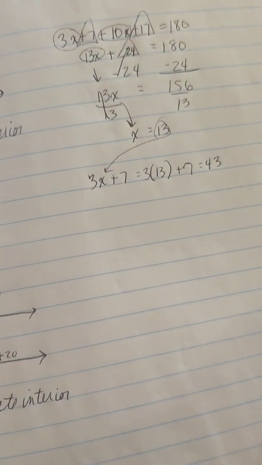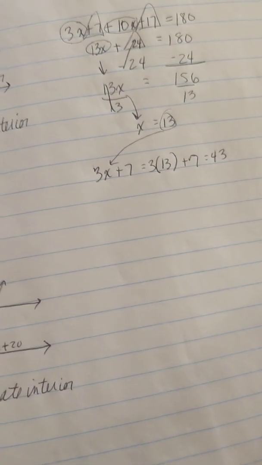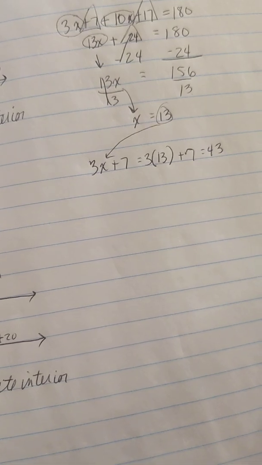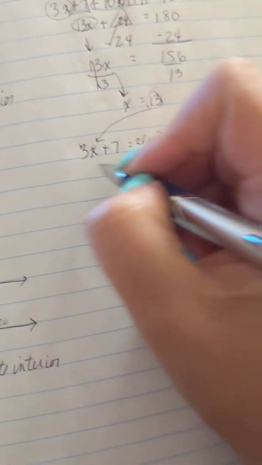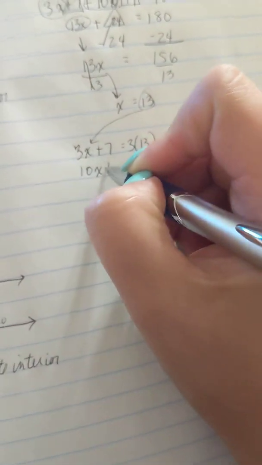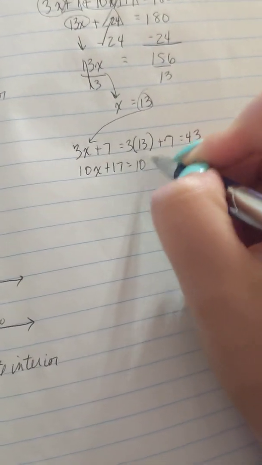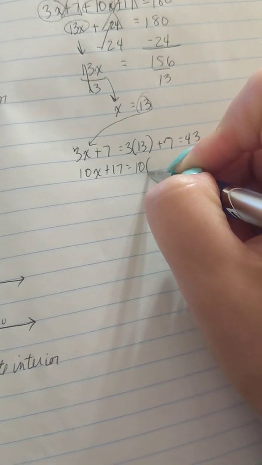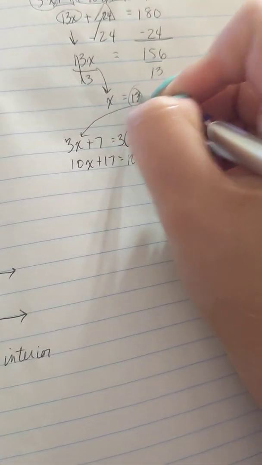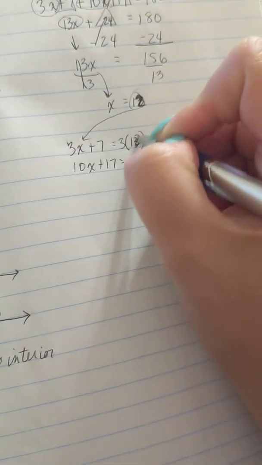Now there's two different ways you can figure out the other angle. The first is you can do the same steps that I just did. You can take your 10x plus 17 and do your substitution. So have 10. Did I say 13? I meant to say 12. I apologize. That should be 12.